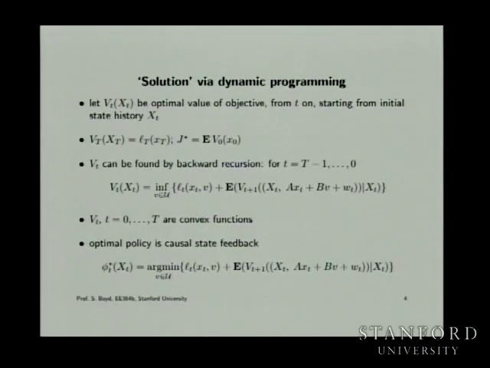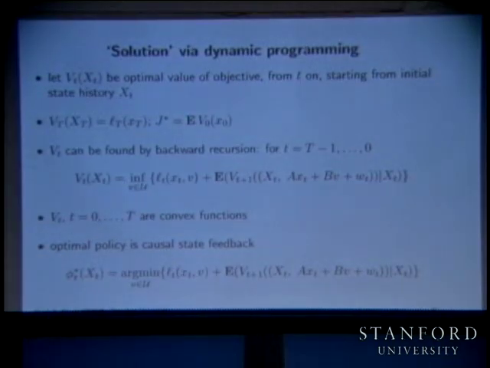Okay, so let's get back to the solution here. This is the optimal value of the objective, conditioned on this initial state history, capital X_t. Then you get a backward recursion, and it looks like this. In fact, you can even say what the optimal thing to do is.